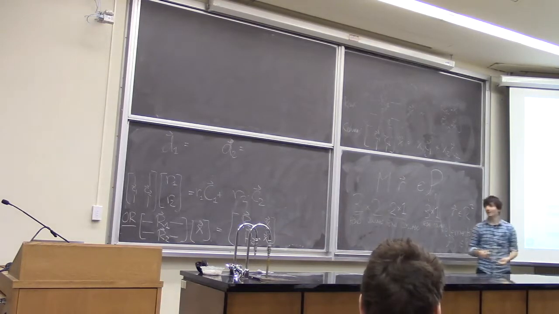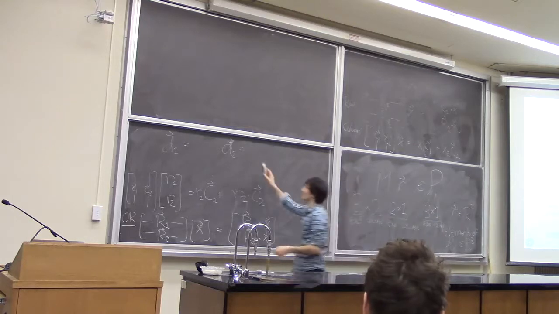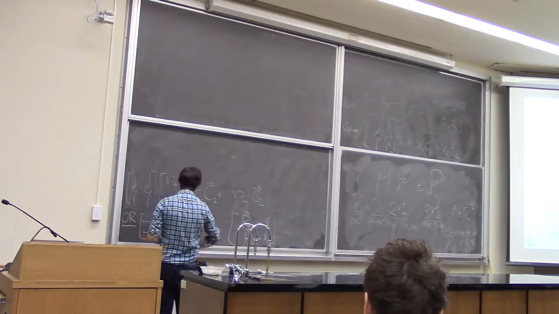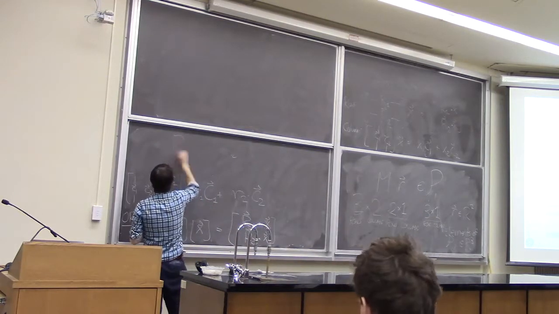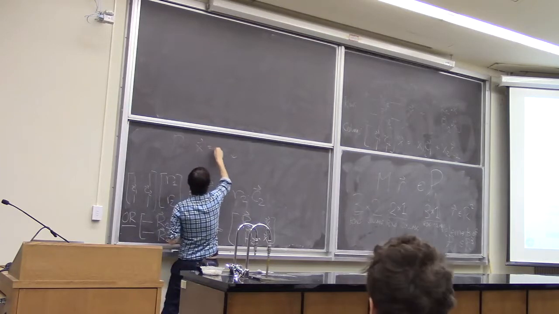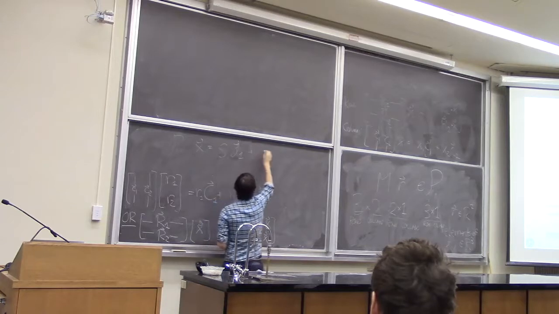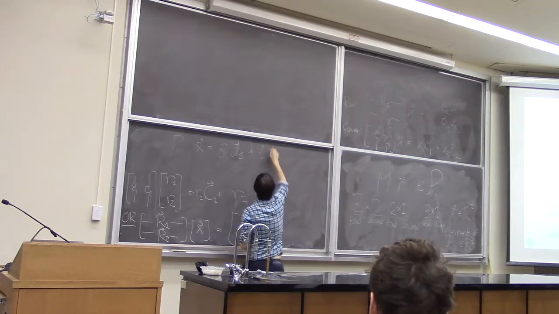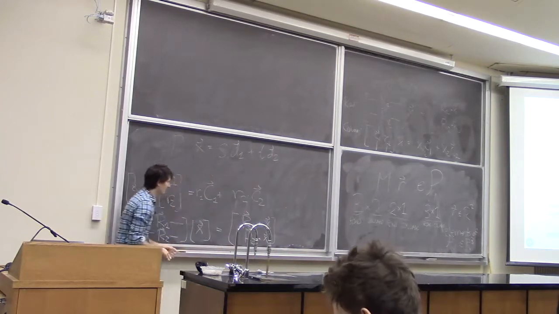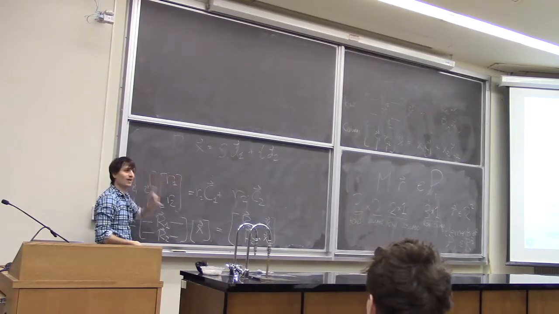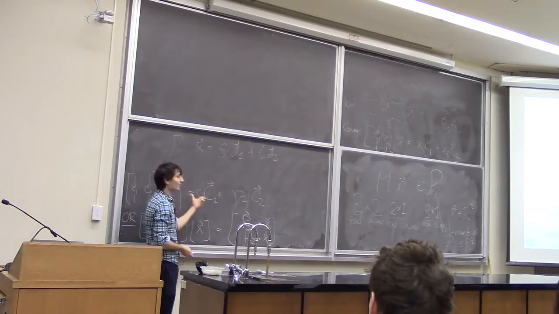All the points in the plane are linear combinations of the direction vectors. So the plane P is the points x, which are s times d1 plus t times d2, where s and t are parameters. Does that look more like columns or more like rows? Columns.